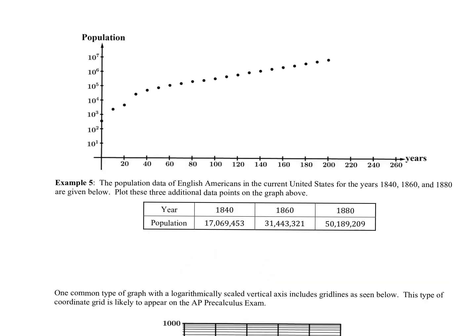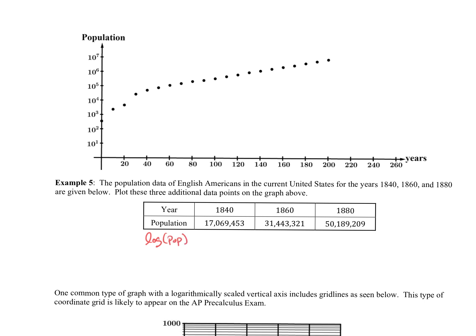All right, and so let's look at this example. In example 5, the population of English Americans currently in the United States in 1840, 1860, and 1880 are given below. We're going to plot these on the graph above. However, we're going to put it in a logarithmic scale. So what we're going to have to do is take the log of its population.